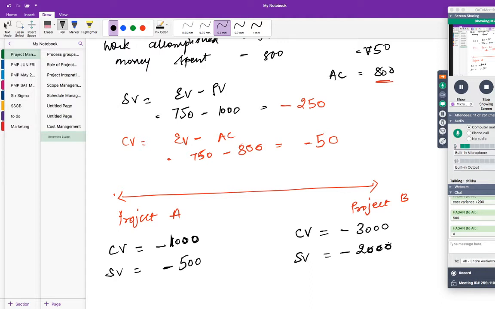Hassan says A. Rosen says A. No other answers. So everyone agrees with Hassan and Rosen.